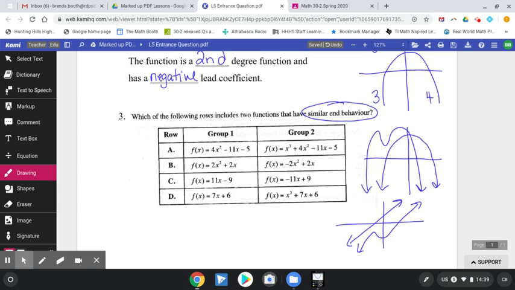So for this one, we should say D. Here we've got a degree of 1 and degree of 3. So there we've got the odd degrees. They both have a positive lead coefficient. So I know that they would both have a similar end behavior to what I have in my sketch over here. All right, I hope that made sense.